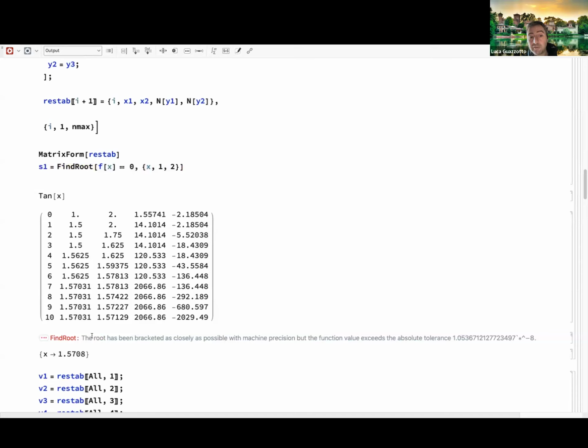It's telling me, well, I found 2 points that bracket the root very closely, but somehow the value of the function is not going down as quickly as I expect. So that's a sign that something may go wrong. But Mathematica, this built-in function, still thinks that this is the root.